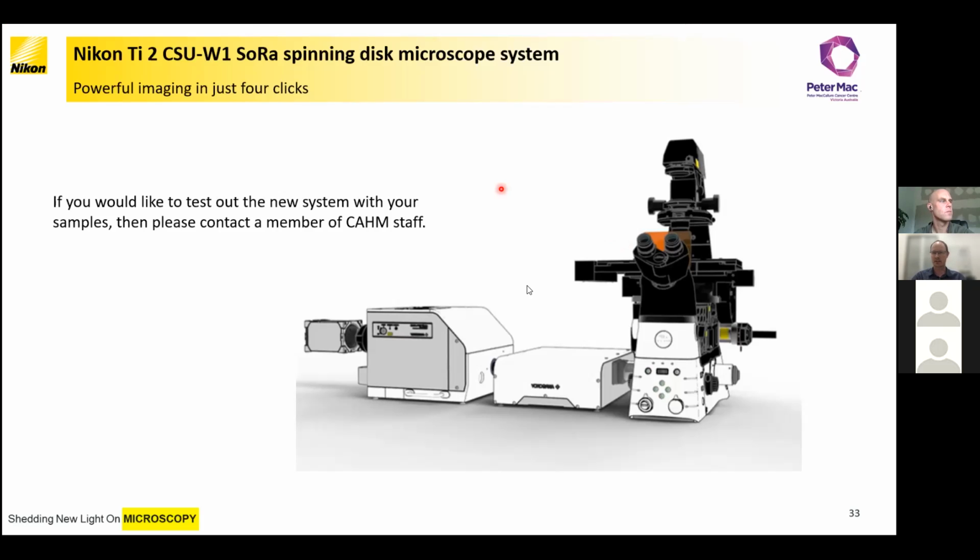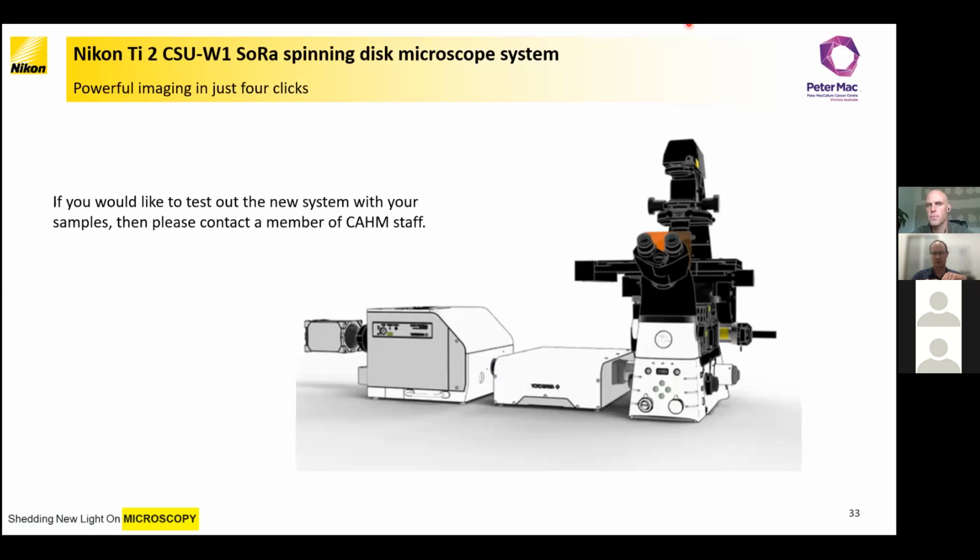If you don't know either mine or Meta's email, you can just email cam@petermac. What laser wavelengths can the system accommodate? We've got 6 lasers on this system, in the order of 405, 445, 488, 514, 545, 640.